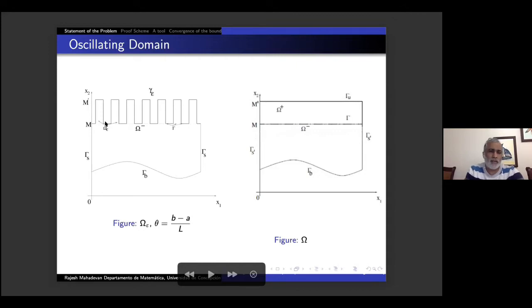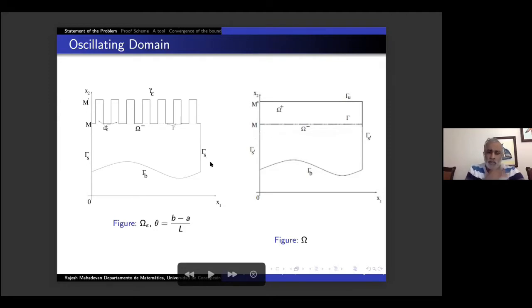So as epsilon goes to 0, there are more and more teeth, and in the end they fill up with a ratio theta in the upper portion of the structure. In the limit, you expect this domain, whose lateral boundaries are slightly different from the lateral boundaries of this structure, because here it follows this contour, but in the limit it is straight up.